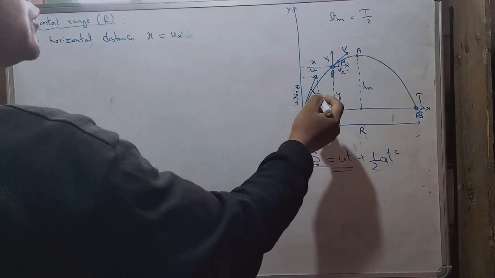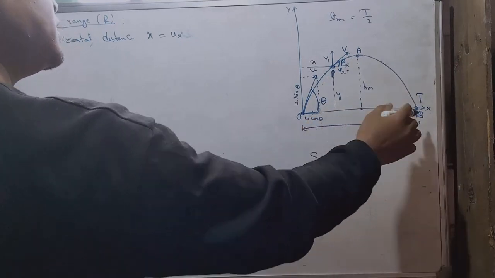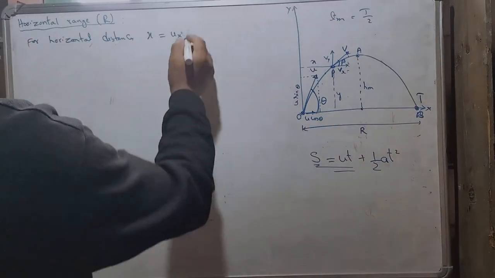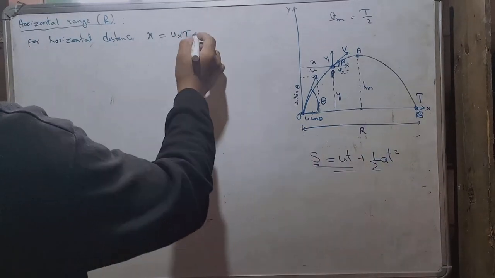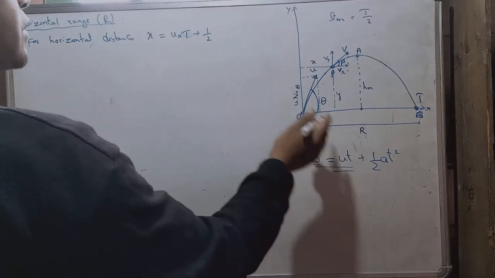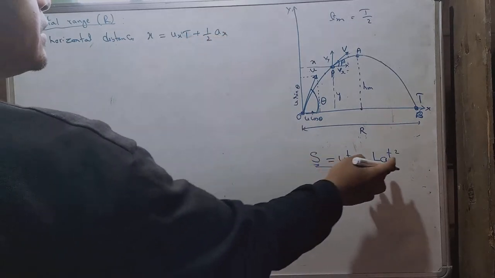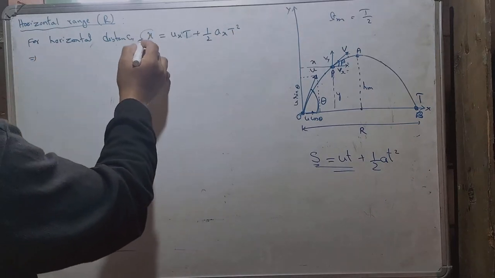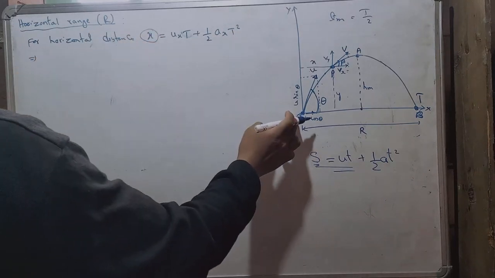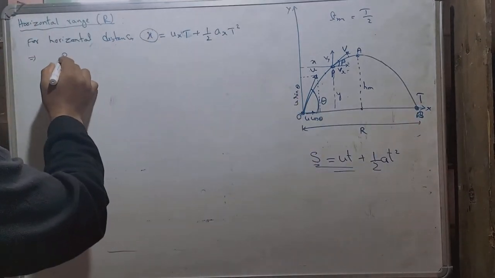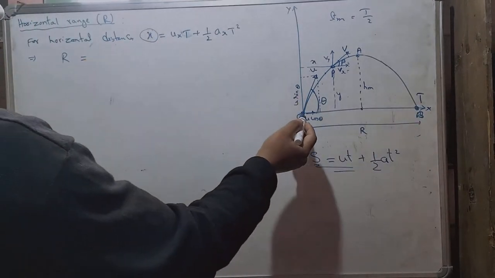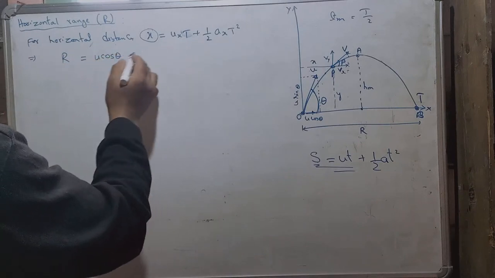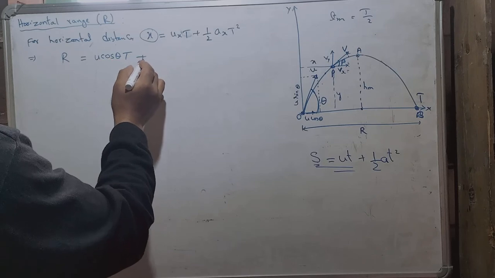The time taken to cover that maximum horizontal distance is equal to capital T. So instead of small t, I'll write capital T, plus half, instead of a I'll write ax, and instead of t, capital T. But since we are talking about horizontal range, this x, from here till here, is equal to R, and ux is equal to u cos theta, and then capital T plus half.